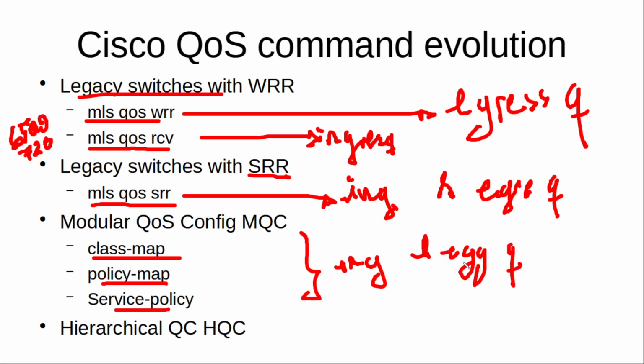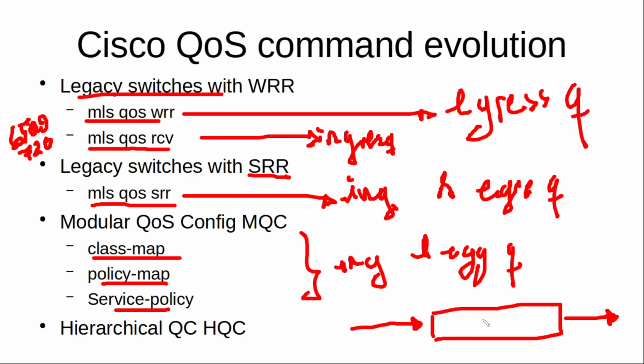When I'm talking about ingress and egress queues, I'm talking about the queues that exist in your switch for receiving packets or frames, and for the queues that are used in order to send packets or frames out of your switch.